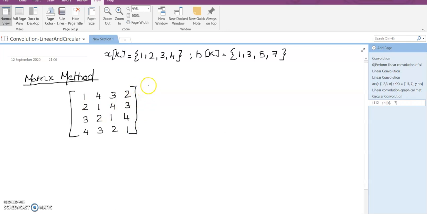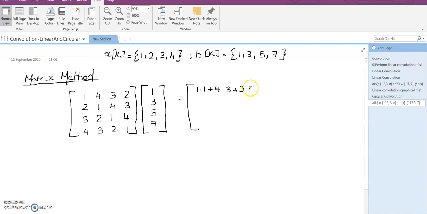So we can close this matrix, and we operate it with the matrix corresponding to the second signal, 1, 3, 5, 7. As a result, we get the resultant matrix, where for each row we multiply and sum up the components. So 1.1 plus 4.3 plus 3.5 plus 2.7.